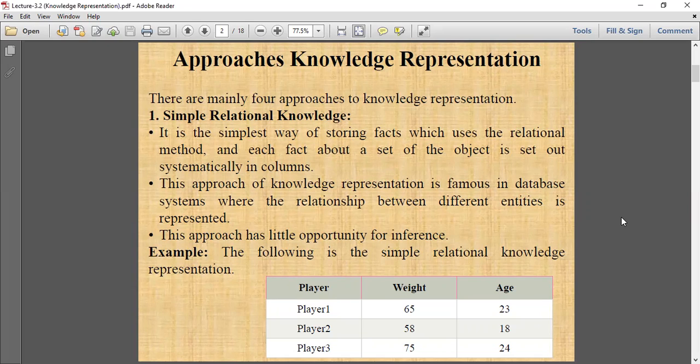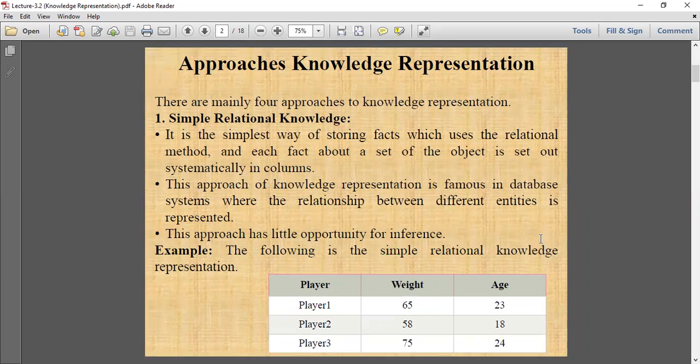This approach of knowledge representation is famous in database systems, where the relationship between different entities is represented. This approach has little opportunity for inferences.